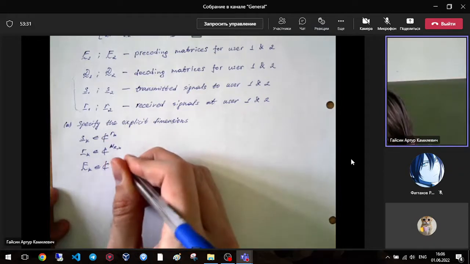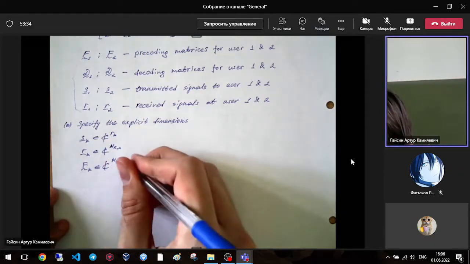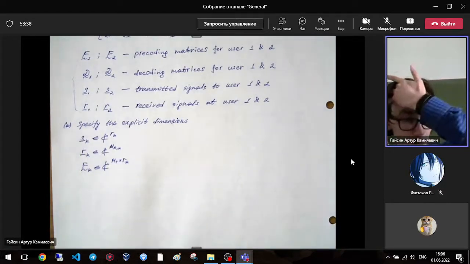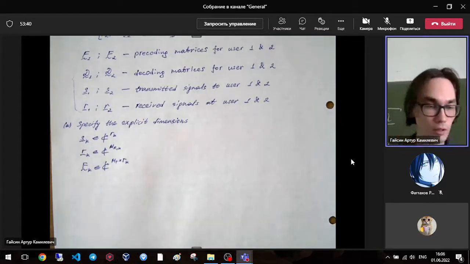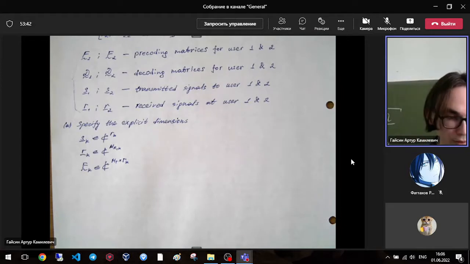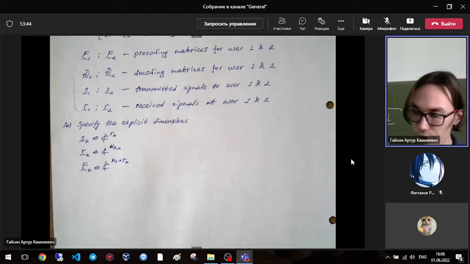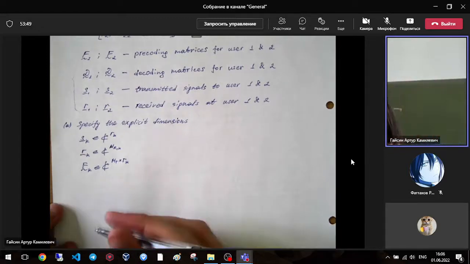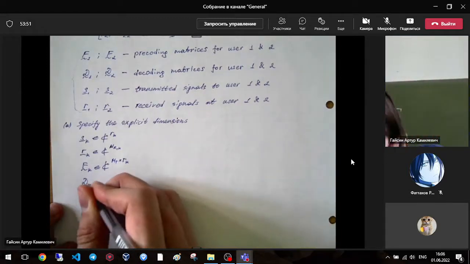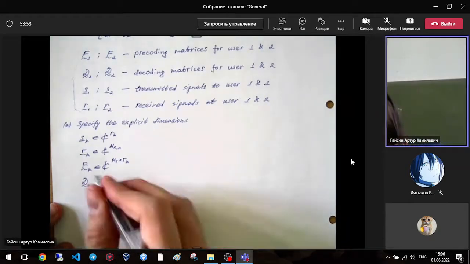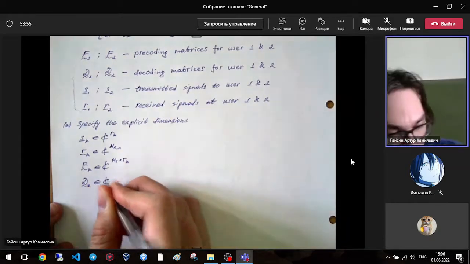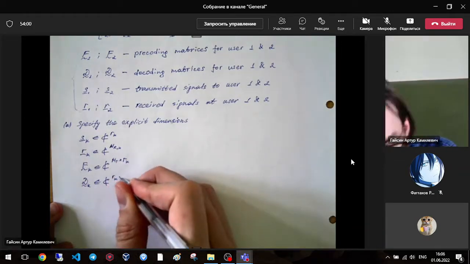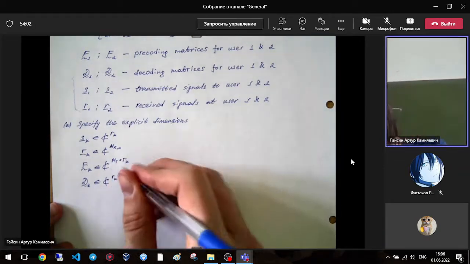So number of transmit antennas times the number of data streams for user K. And the last one is the linear decoding matrix or linear equalization matrix. DK is of size RK times the number of receive antennas.